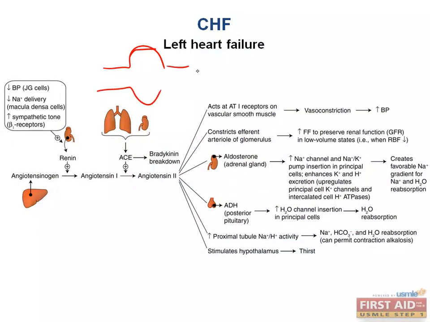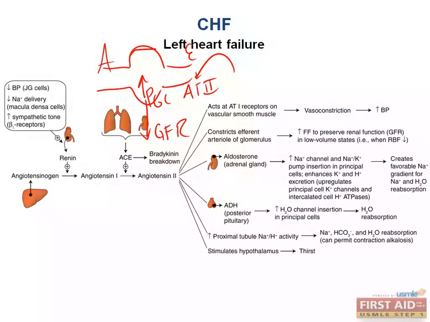So again, here's our glomerulus. This is the afferent. This is the efferent. There are angiotensin 2 receptors here, and then we get an incredibly high level of vasoconstriction at the efferent arteriole, which increases the hydrostatic pressure within the glomerular capillaries. And this increases the GFR and filtration fraction, right?